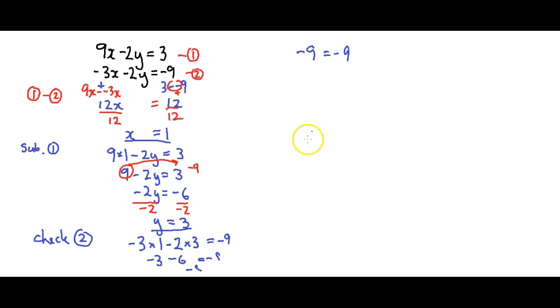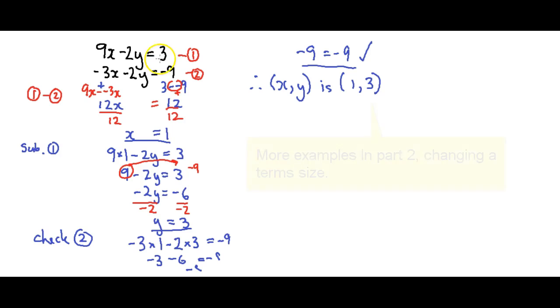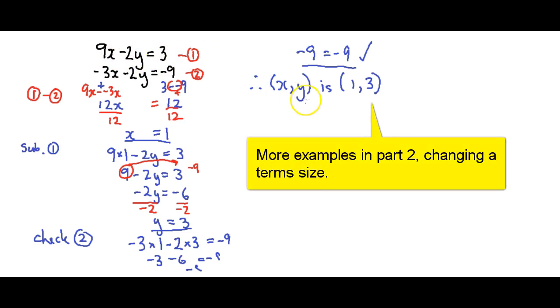And that is correct. So, therefore, our x and our y is 1 and 3. So if we had the graphs of these two straight lines, they'd intersect at the coordinates 1, 3. And for our equations, when x equals 1 and y equals 3, it makes both of those equations true.